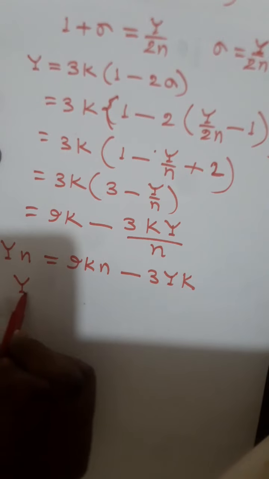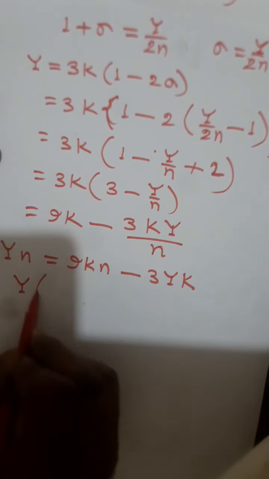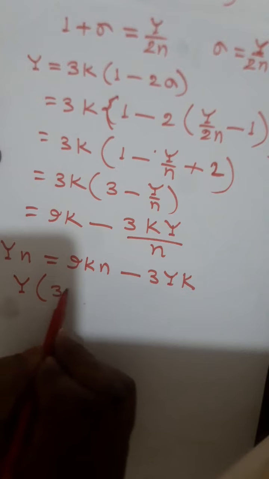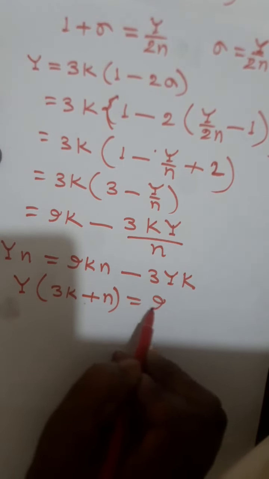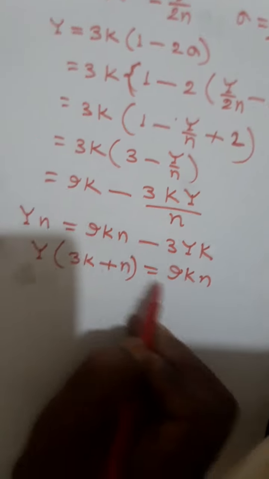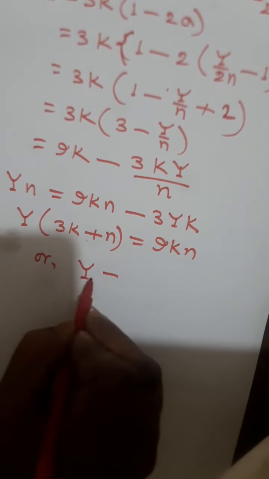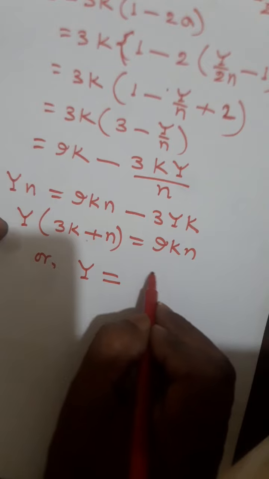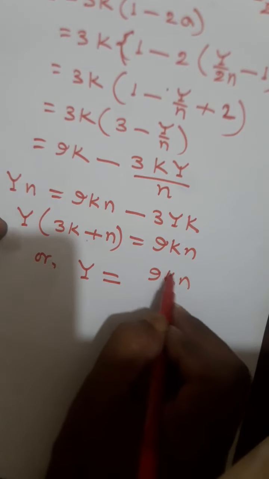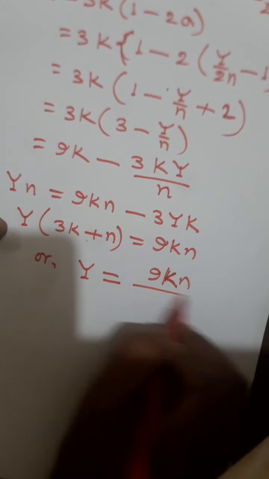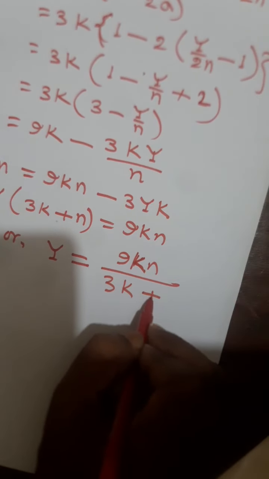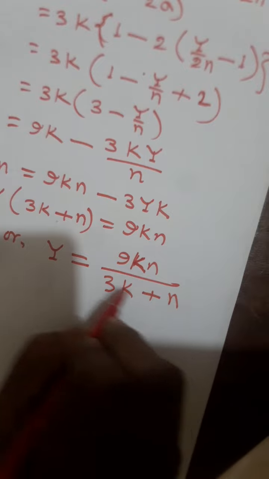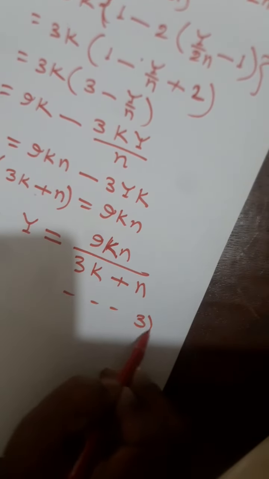Therefore, Y into 3K plus n equals 9Kn, or Y equals 9Kn divided by 3K plus n. This is the third relation. Thank you.